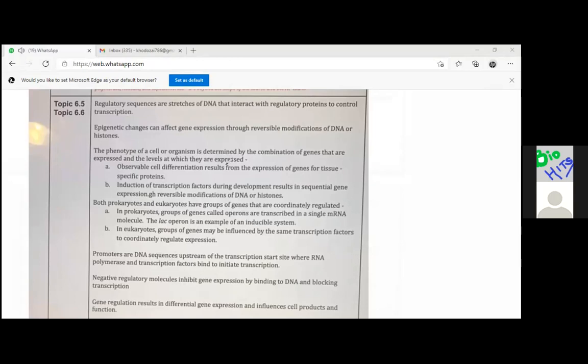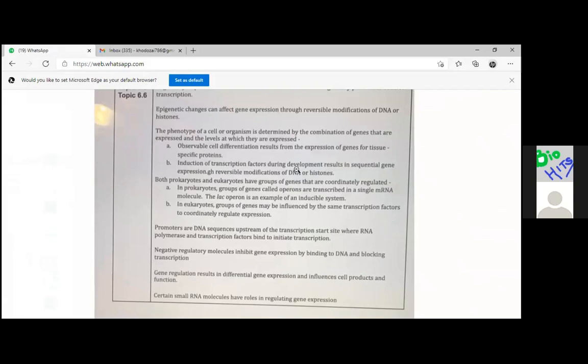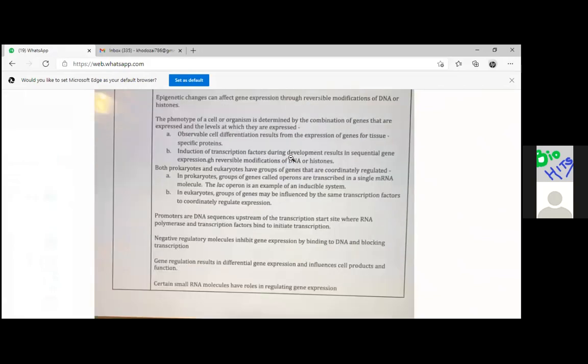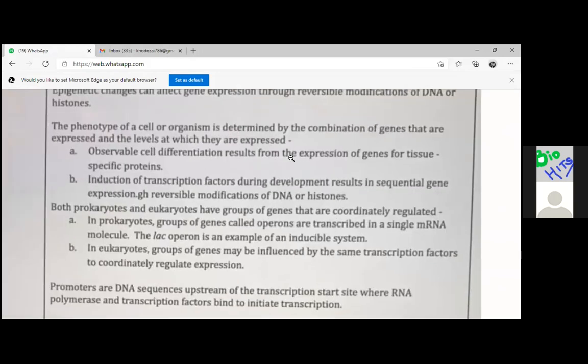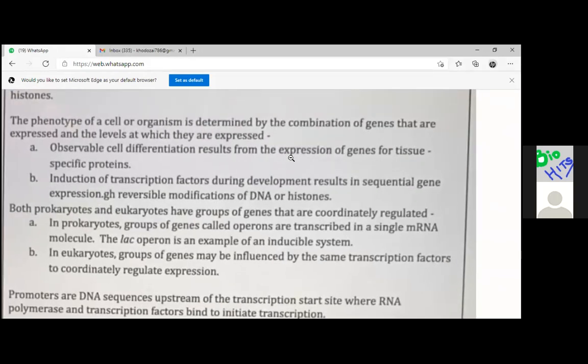Just one minute, I will remove it. I have some difficulty because I cannot move. Okay, now epigenetics, we are done. Now we are on this concept of Lac Operon.